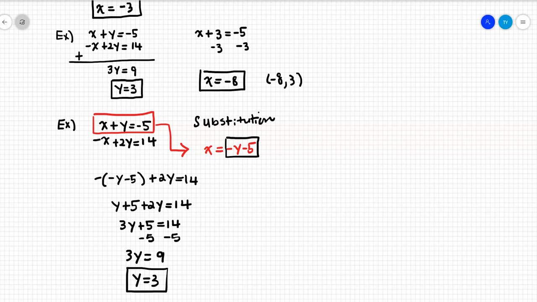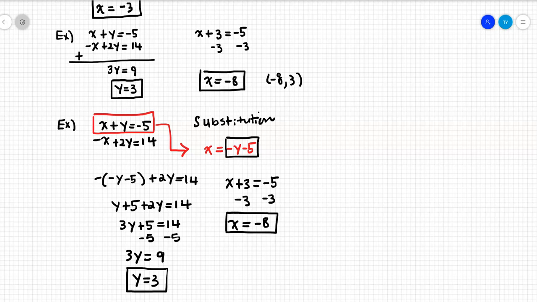And that's what we got over here when we used the elimination method, right? So once you find the 3, then plug back into the first equation or second equation, doesn't matter. So you got x plus 3 equals minus 5. So subtracting 3, we get x equals minus 8, and that's what we got using the elimination method.